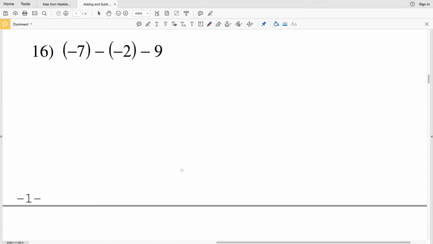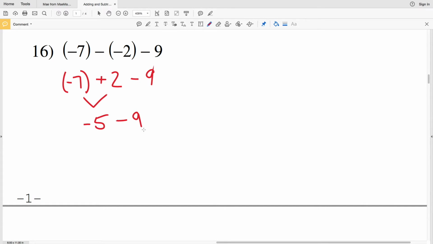For number 16, we have negative 7 minus negative 2 minus 9. Negative 7 minus a negative 2 is really plus a positive 2, and then minus 9. So negative 7 plus 2 is going to give us a negative 5.